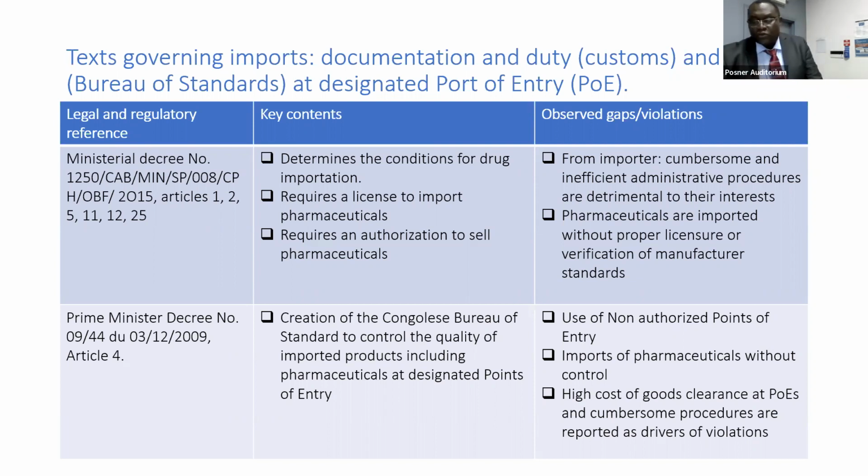But also, the cost, what you have to pay to get your product in, seems to be too high. The duty is more than 50% in DRC, basically on everything. So even pharmaceuticals, they still charge very high duty on those.